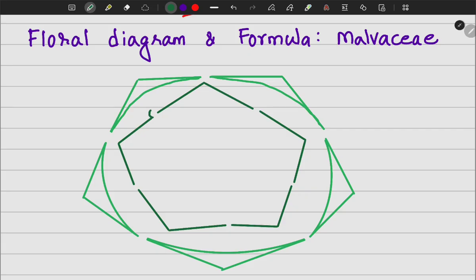For fusion, we will show this symbol. So this makes 5 sepals which are fused. Gamosepalous. The flower is pentamerous.